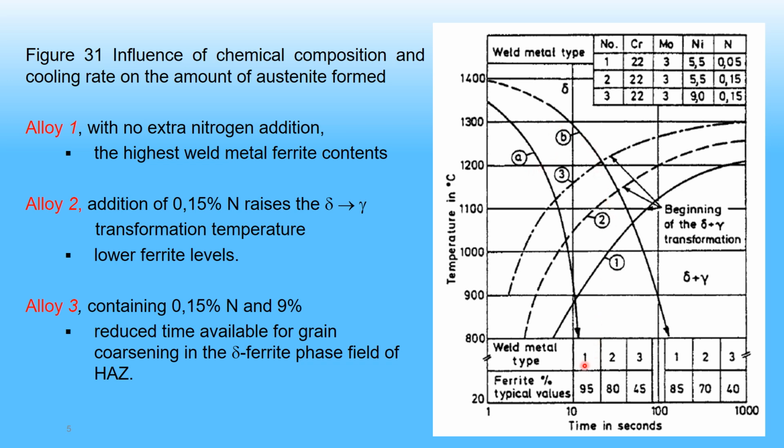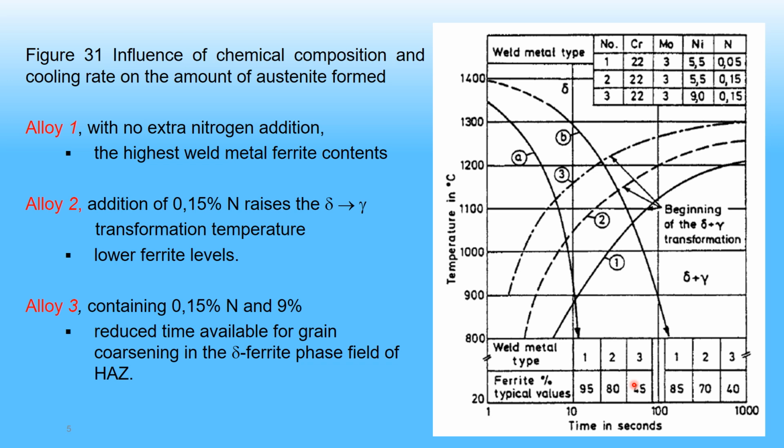The tables at the bottom show the amount of delta ferrite of the different alloys which have been taken through different cooling rates. Alloy 1 has much higher retained delta ferrite of 95% for the faster cooling rate, and you'd see for the same cooling rate, alloy 3 has 45% retained delta ferrite, and this is because of the high nitrogen and nickel content, which pushes the ferrite to austenite transformation temperature higher.